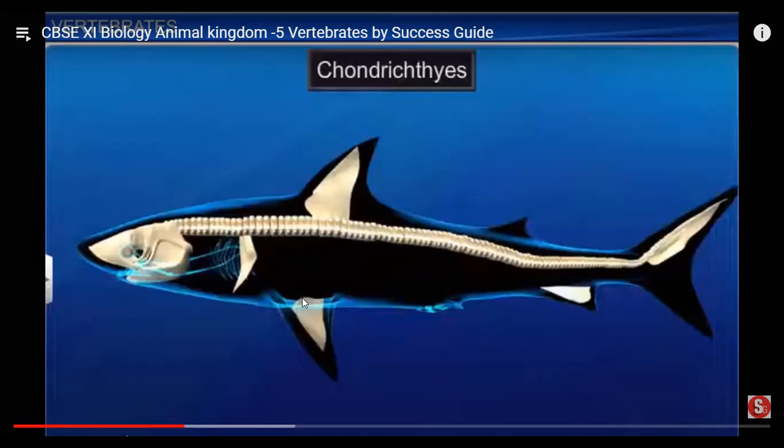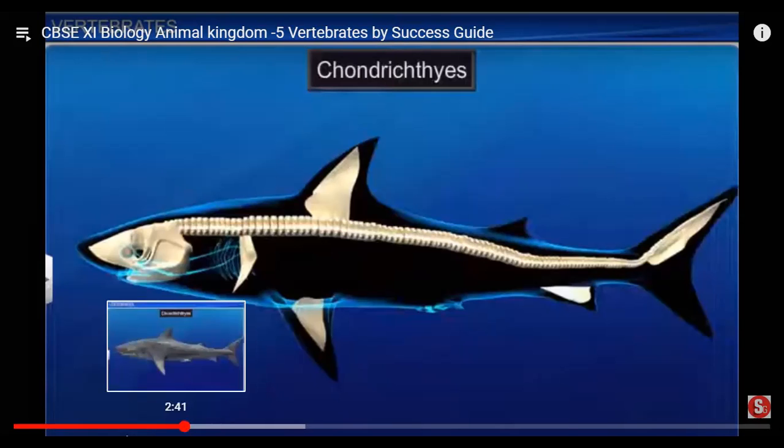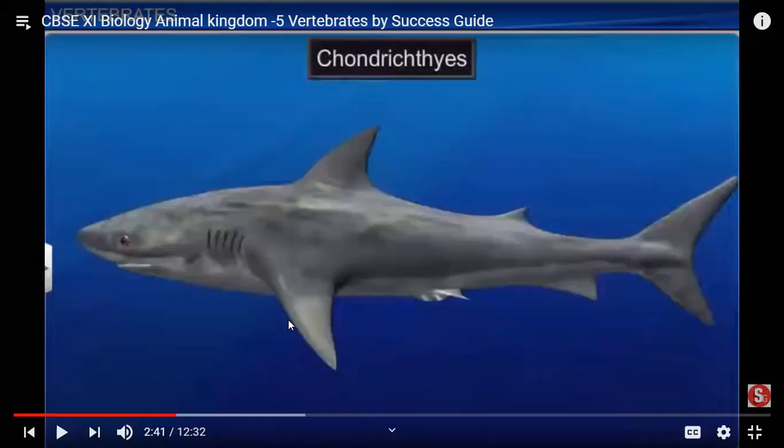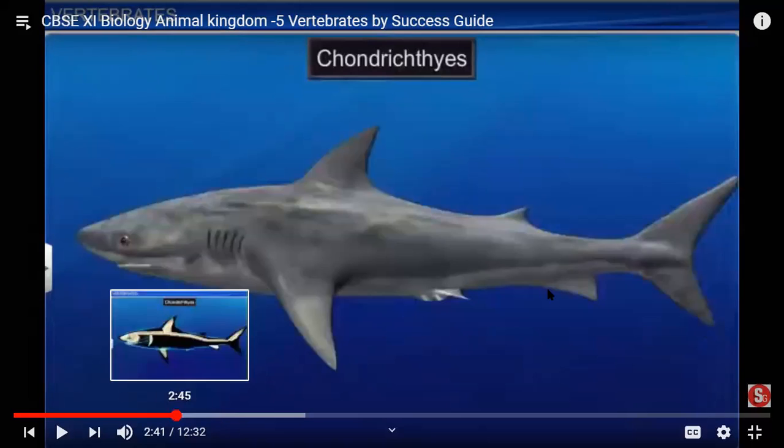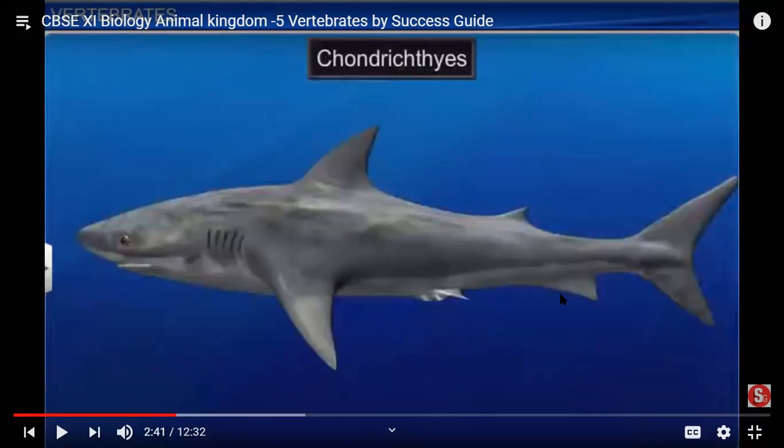First of all, you told me that this is a cartilaginous fish. One or two students were saying the shark is cartilaginous. Now tell me, this is a shark. Two of them said cartilaginous fish.